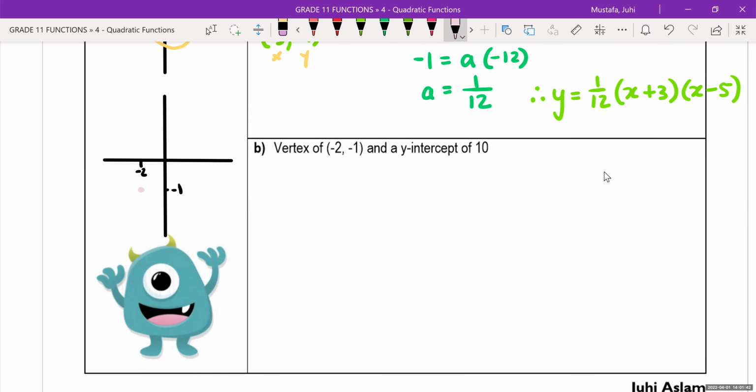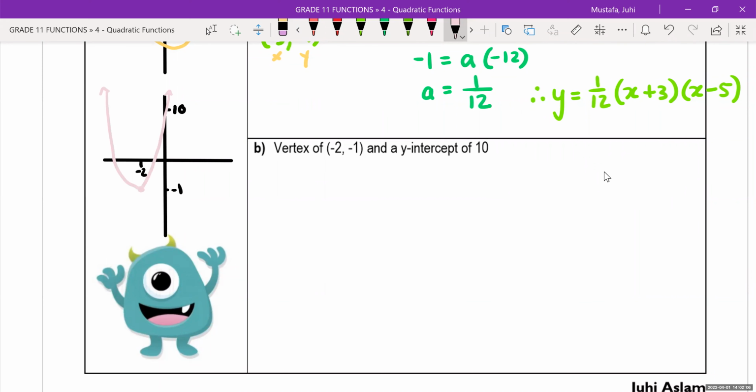So I know that is the lowest or highest point. It also gives you more information. It tells you that the y-intercept is 10. So that's really useful in us knowing the shape of the parabola. We know it's going to be going like this, and then probably, okay, pretend that goes through like this.